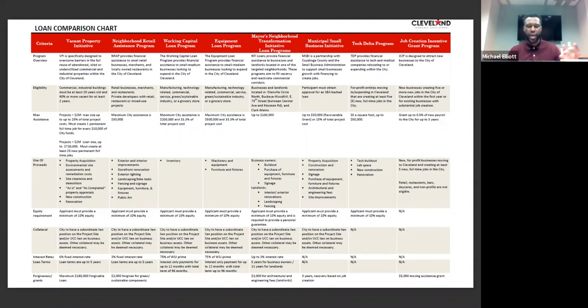They're able to bring in some equity and some financing, but if the sources do not meet the actual project needs, you won't be able to get the project done. So the City of Cleveland found a way to provide some gap financing to help you make it to the finish line for your project. Next slide.